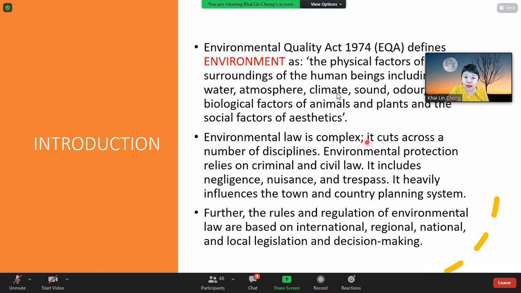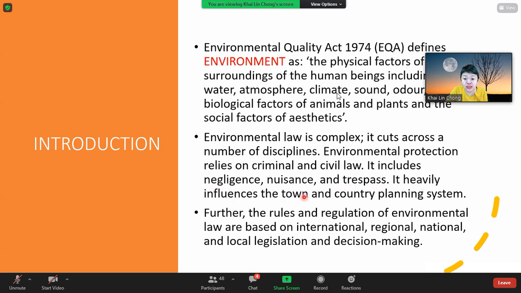So, look into next. Environmental law is complex. Macam yang saya cakap tadi lah. Kenapa kompleks? Sebab dia akan integrate dengan banyak parties. It cuts across a number of disciplines. Environmental protection relies on the criminal and civil law. Okay? Sebab kita masih berdasarkan undang-undang penjenayah dan juga civil law. Okay? It includes negligence, nuisance, and trespass.